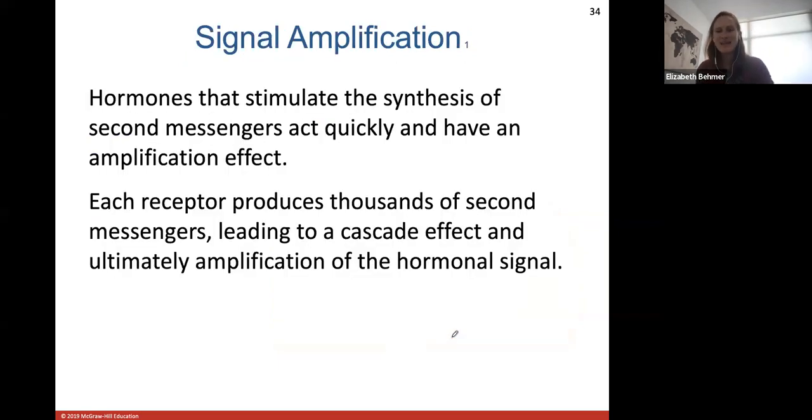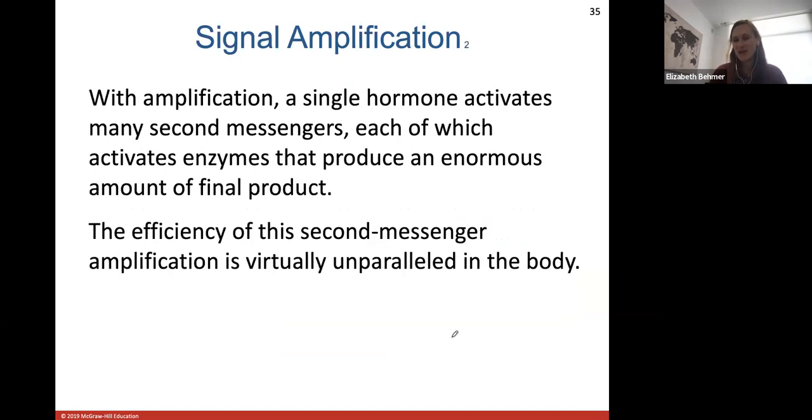Hormones that stimulate the synthesis of second messengers will act quickly and have what we call an amplification effect, where each receptor produces thousands of second messengers, leading to a cascade effect and ultimately amplification of that hormonal signal. When we amplify the signal, that hormone will activate many second messengers, each of which activates enzymes that produce an enormous amount of final product.